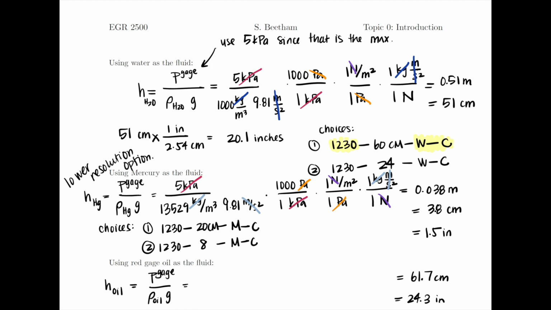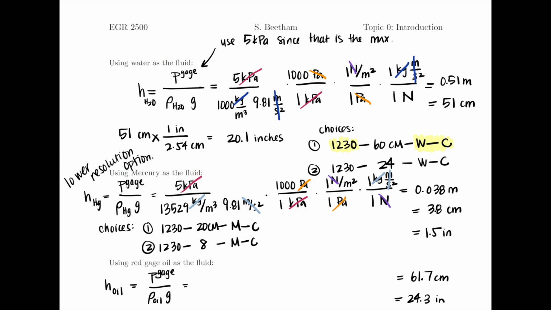We're going to do our same conversions again. So we have 1,000 pascals per kilopascal, which allows me to cancel out kilopascals. Then 1 pascal is equal to 1 Newton per meter squared, so we can cancel out the pascals.